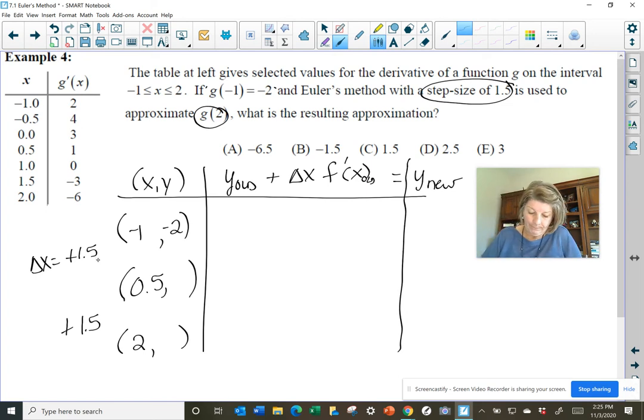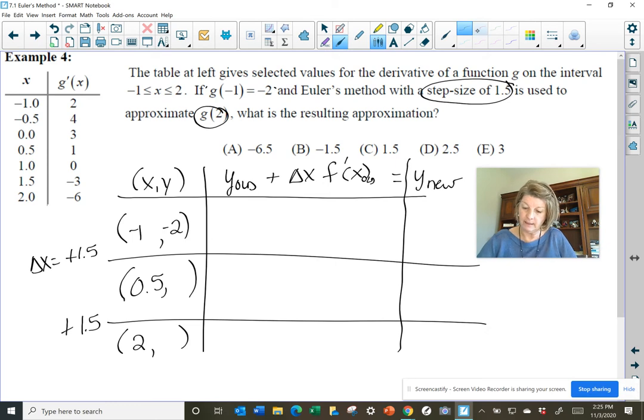I'm just going to draw some lines here to keep things nice and neat. Y old, start with my y value, add with it my delta x, multiplied by f prime. F prime of -1 turns out to be 2. So 3 minus 2 gives me 1. So I put 1 in, that's my new y.